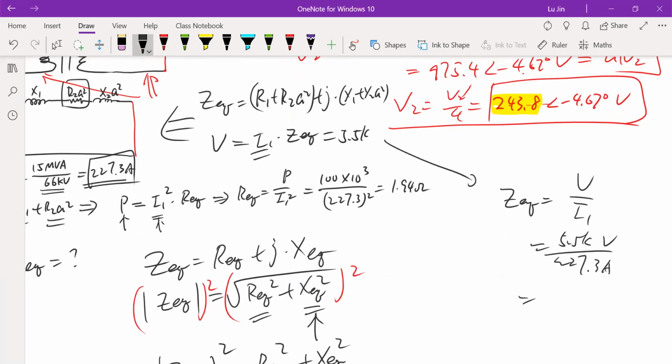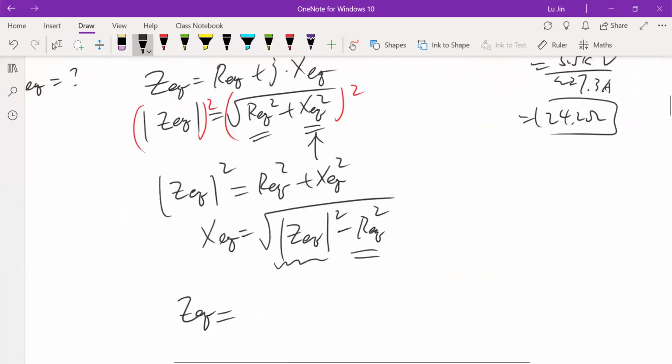So result is 24.2 ohms. So this is actually the total equivalent impedance. Of course, the angle should be included, but in this question, first of all, we don't have any angle information. Secondly, we just need to know the magnitude of ZEQ. So this calculation is calculating the magnitude of ZEQ, which is 24.2 ohms.